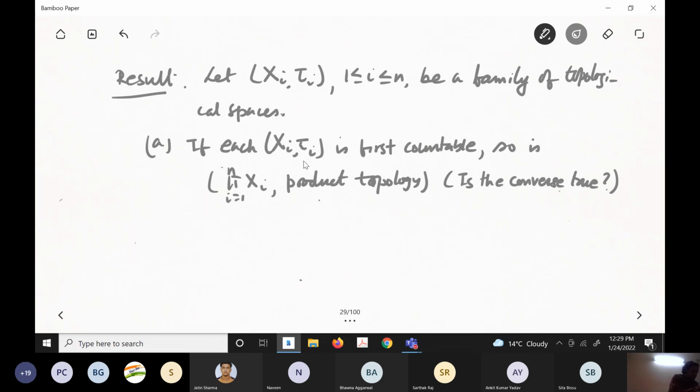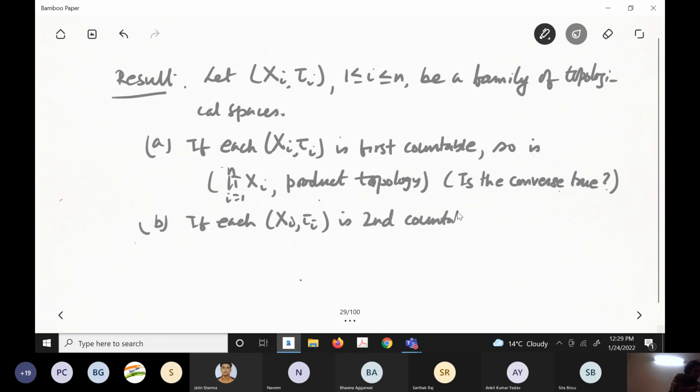That is the question you should consider. Also, if each (Xi, tau i) is second countable, then the product space, where if we do not mention anything we take the product topology, is second countable.